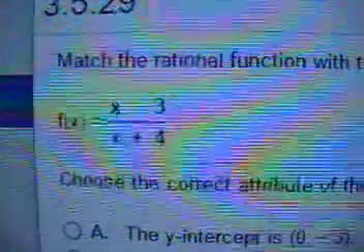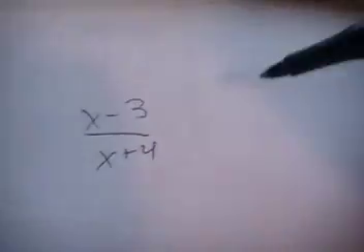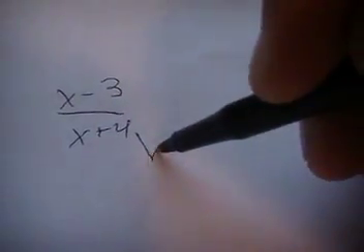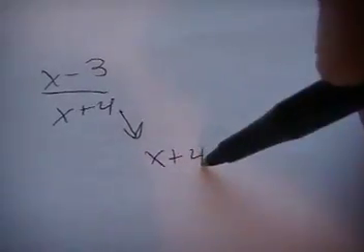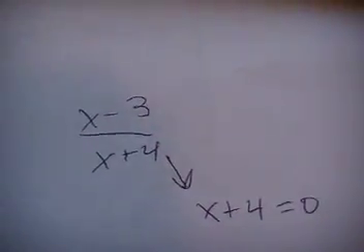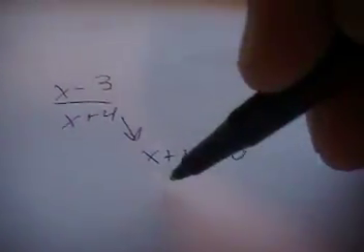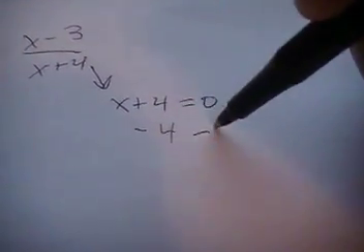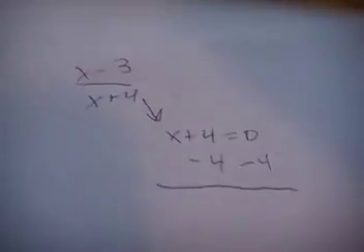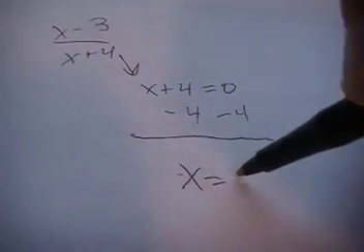Here it could. If you have x minus 3 over x plus 4, we take the denominator, because that's the only thing we worry about, what makes the denominator equal 0. It's okay if the numerator is 0, but if the bottom is 0, the answer is undefined. And it's kind of like what we were doing before with factors and zeros. It's kind of like the 0 of the denominator. x equals -4.